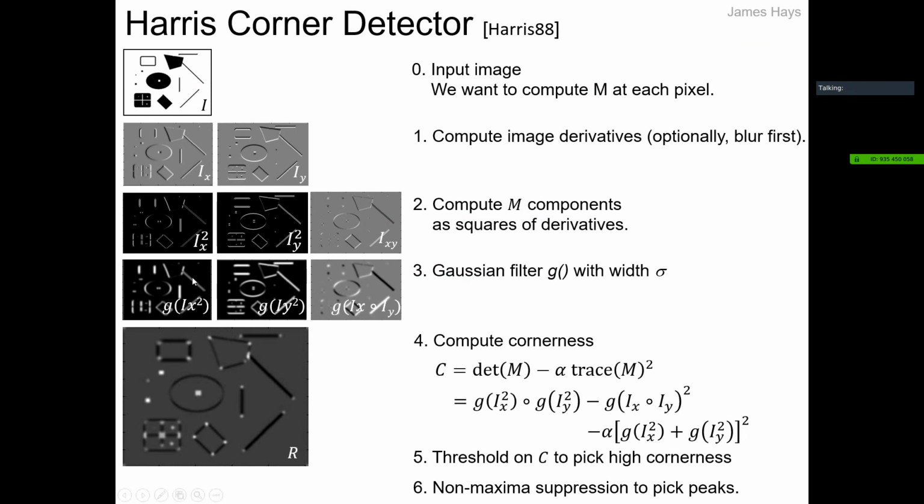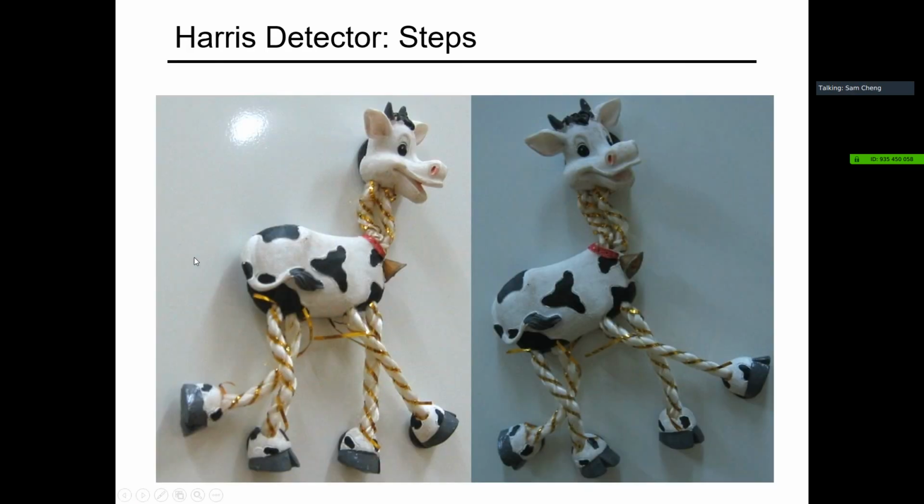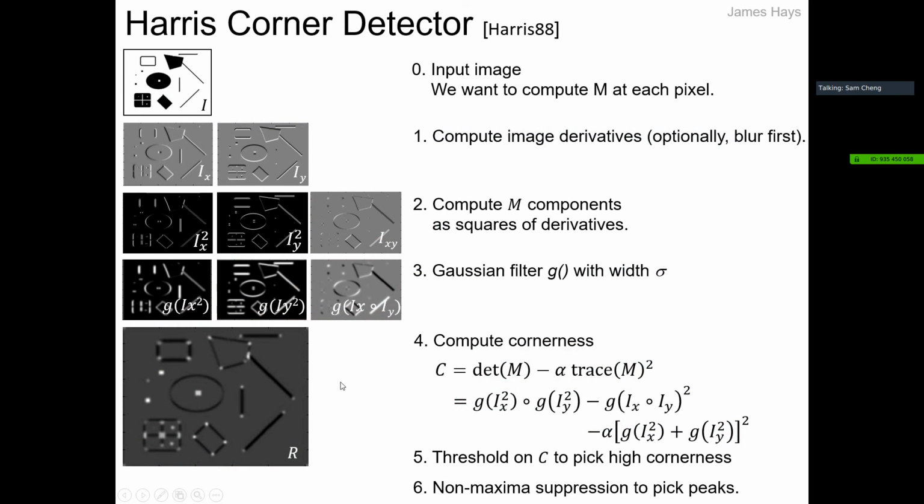As we mentioned earlier, we need to compute the corner response. It's just the determinant minus alpha times the trace, which I can grab from the values in the matrix. Then we pick a threshold to pick the high values, and then we do non-maximum suppression.